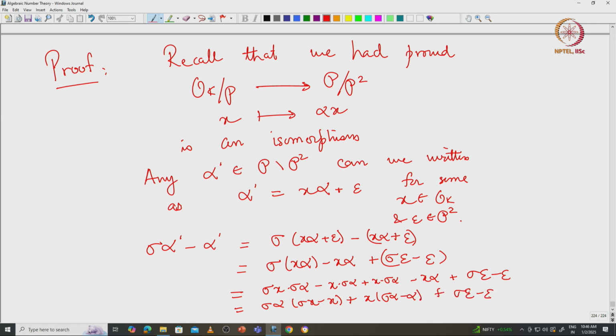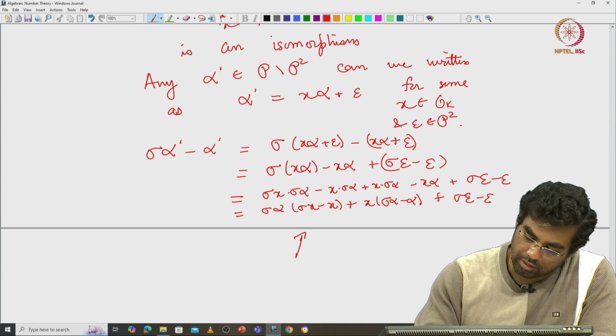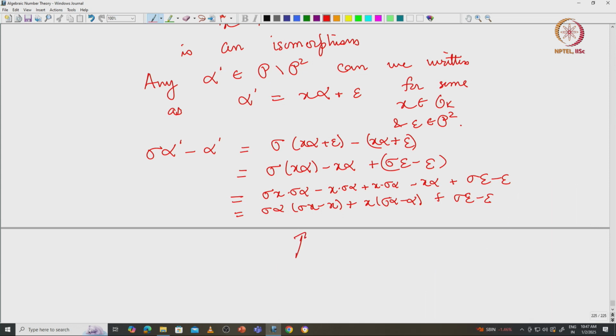Okay. So, in this, the first quantity is in P square, because sigma alpha is in P, and I said P square, but what I mean is this is in P and this is in P. This quantity is in P square as epsilon is in P square.